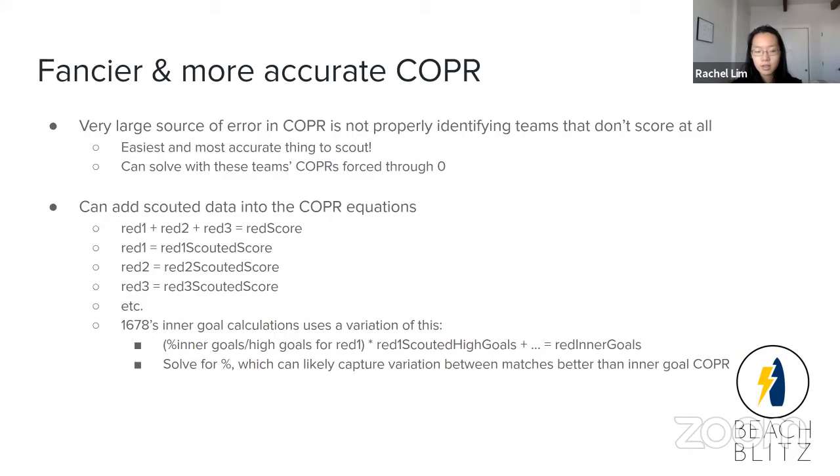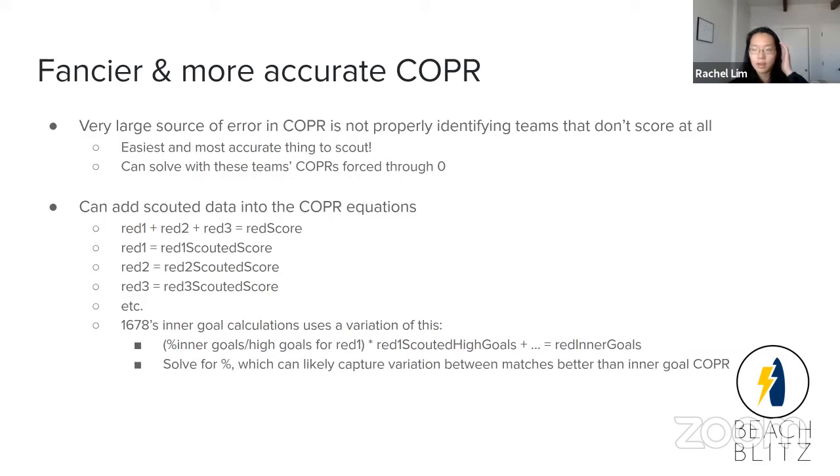If you have read Citrus Circuits' white paper, which I highly recommend if you haven't, there's a lot of cool stuff in there. The way they calculate inner goals is related to this. Instead of just solving for a straight inner goal OPR, they called it percentage of inner goals per high goal.